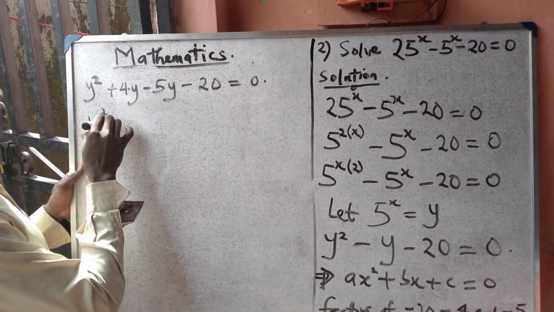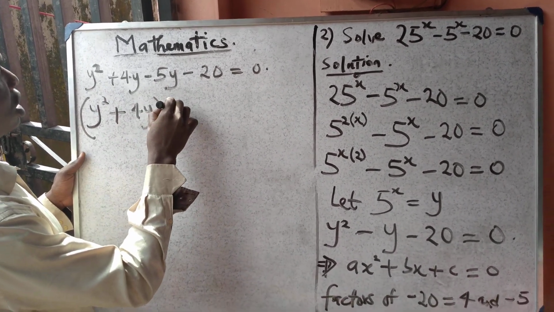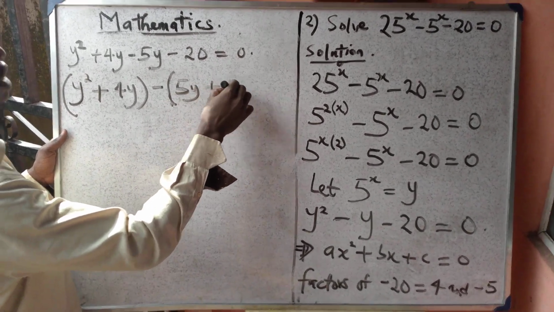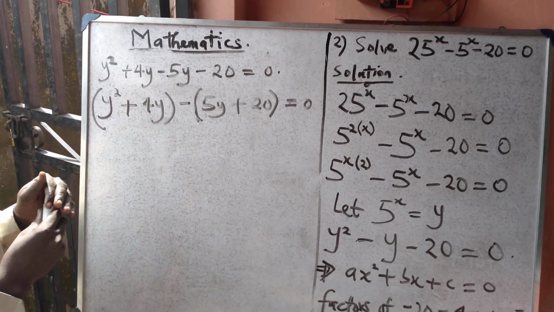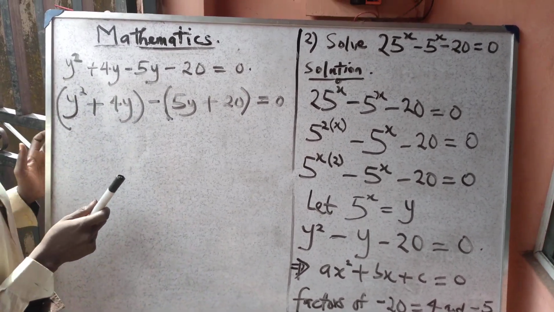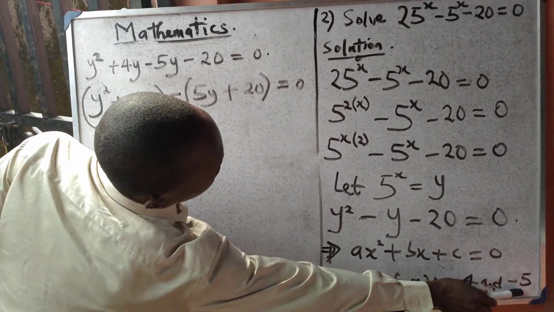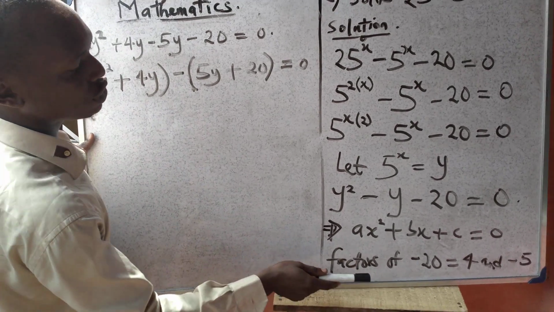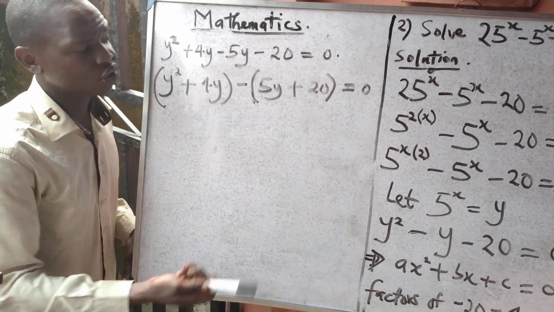This now becomes y squared plus 4y, and then minus the bracket 5y plus 20 equals 0. So you see that in place of this 4 you write 4y, and in place of minus 5, you write minus 5y. 4y minus 5y will still give you minus y. Some people call it minus 1y, but it's the same as minus y.